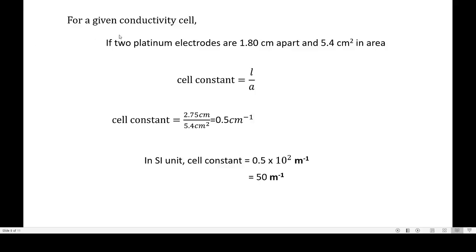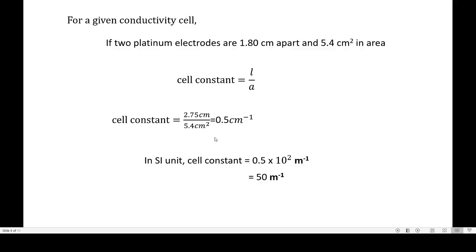Suppose we have a conductivity cell in which the distance between the two platinum electrodes is 2.75 centimeter and the area of the electrode is 5.4 centimeter square. Then the cell constant will be L upon A. So it will be 2.75 centimeter upon 5.4 square centimeter, which is equal to 0.5 per centimeter.